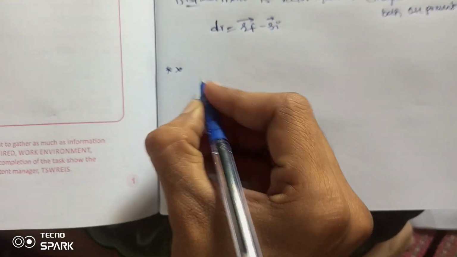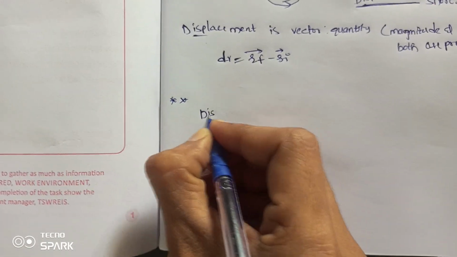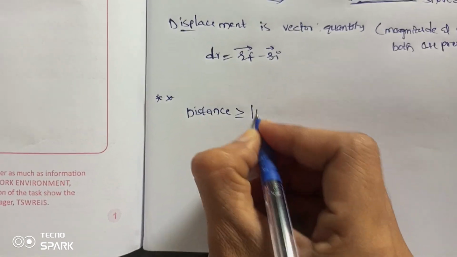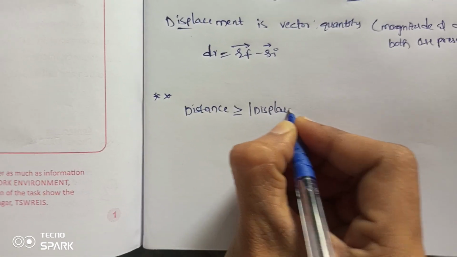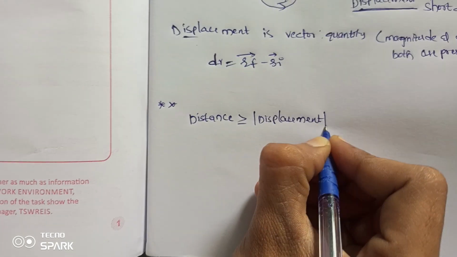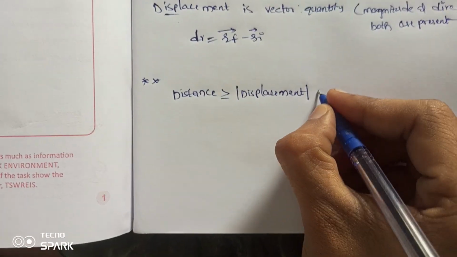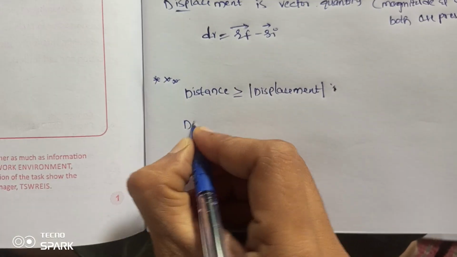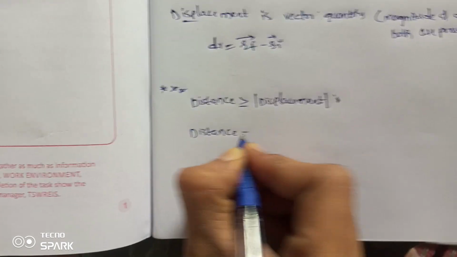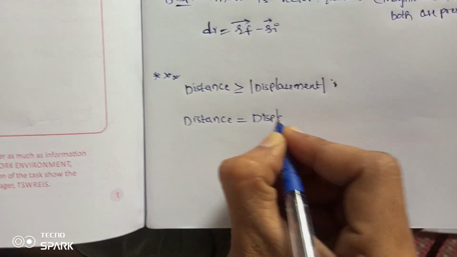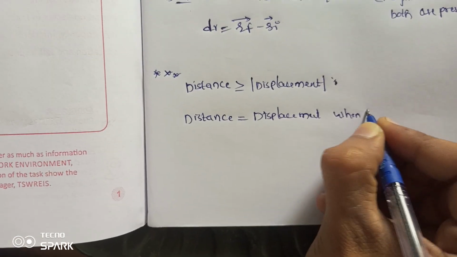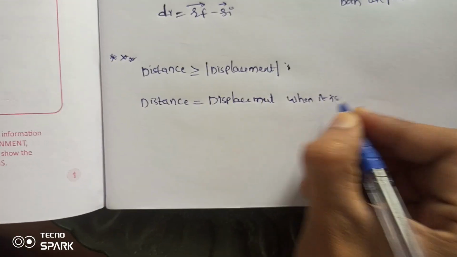The important point is this: distance is always greater than or equal to displacement. And distance equals displacement when the motion is in a straight line.